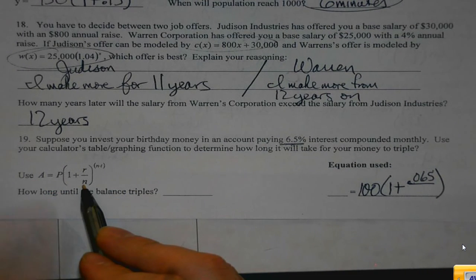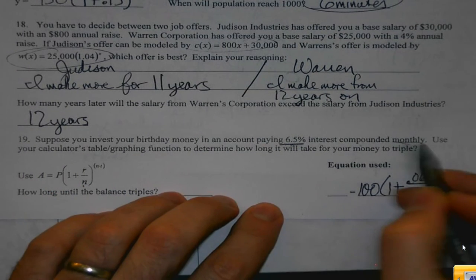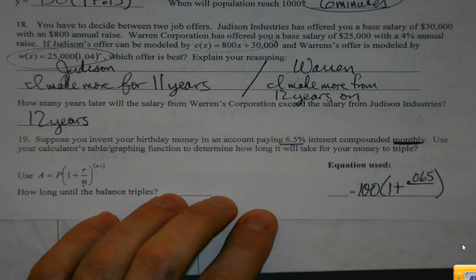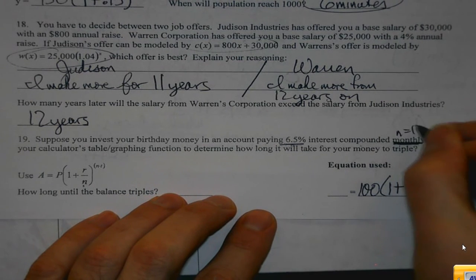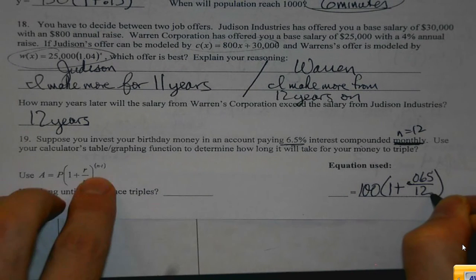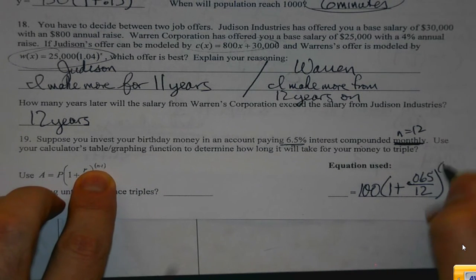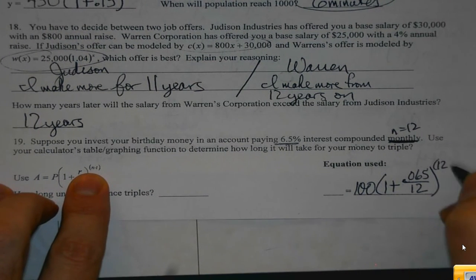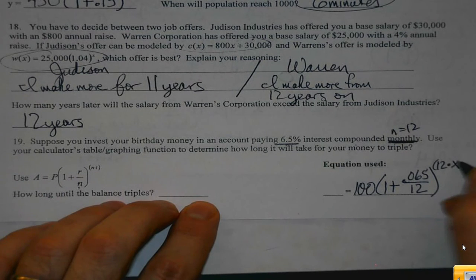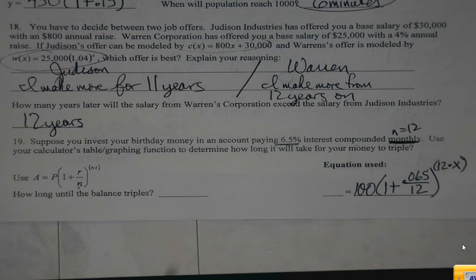N. How many times something happens in a year? Well, this is monthly. So what's my n going to be? 12. So that goes here. And notice it also goes up in my exponent. But I don't have a time yet. That's what I'm trying to figure out.